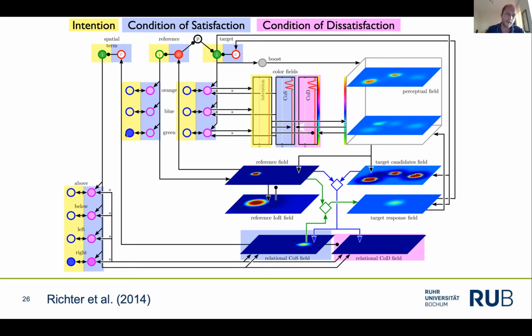So if we have provided a certain color in the memory node, for example, green here, and we activate the reference process, then the green color production node becomes active because it receives 2 inputs. In effect, this causes that node to create a peak in the color intention field in the green region, so that a search for a green object in the visual input is triggered.